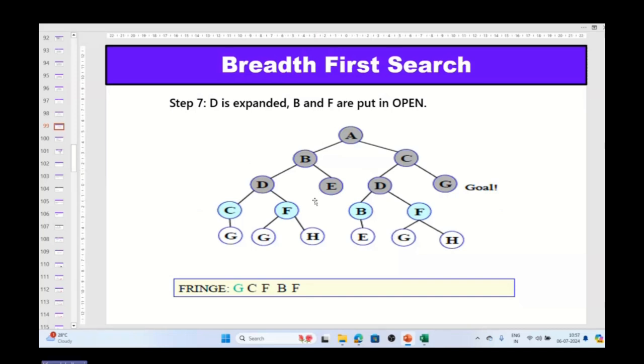In DFS, space and time will be different. In DFS, you are not visiting all the branches. We are selecting the deepest branch first, or logically the goal-side branch first, and we dig into that branch.